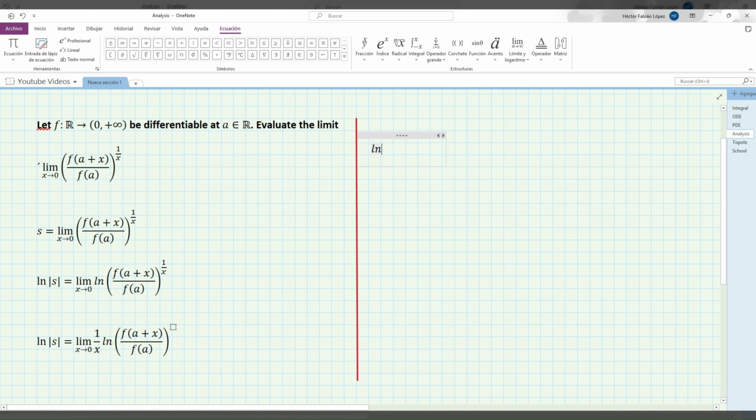It could be ln of S equals the limit when x approaches 0 of 1 over x times ln of f of a plus x minus ln of f of a.